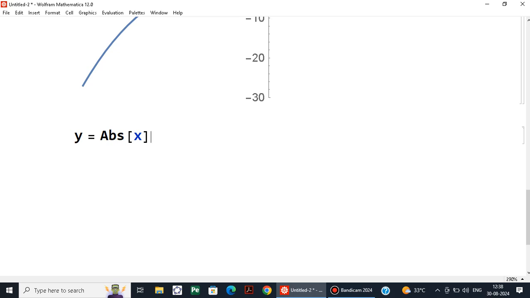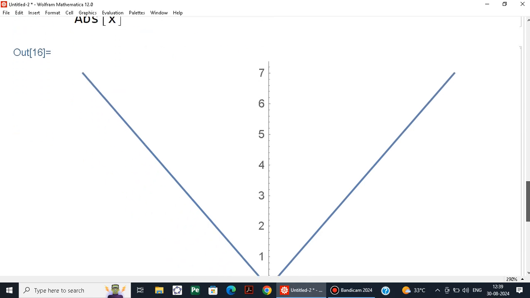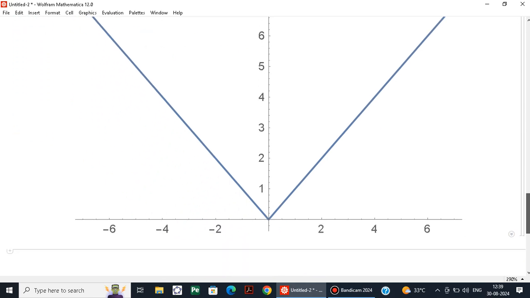If you want to show mod x on Wolfram Mathematica, then your syntax will be Plot[Abs[x], {x, -7, 7}], shift enter. Now you can see it is a graph of y = mod x.